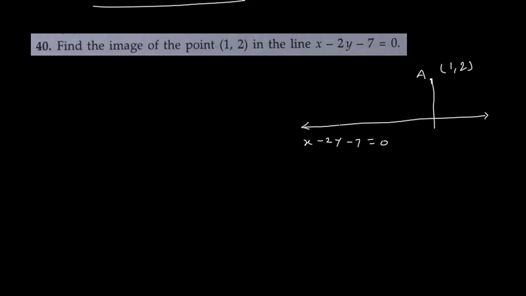So for that I will draw a perpendicular, and this point I will find out. This is the image A dash or A prime. This coordinate I have to locate.